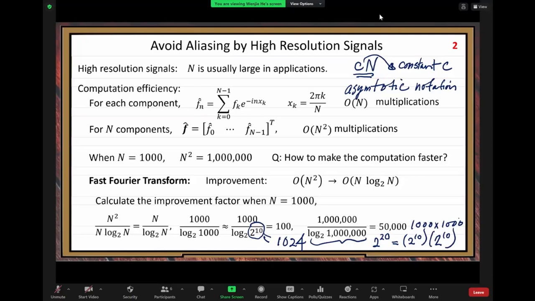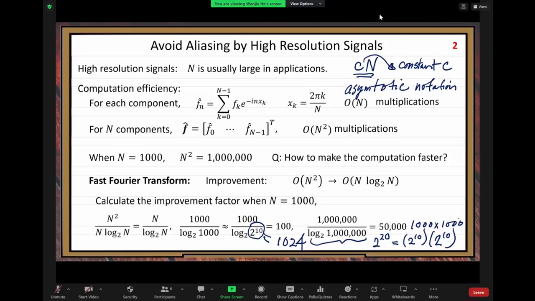Now with log base 2 cancellation, you get 20. 1 million over 20, you get 50,000. Now the ratio becomes 50,000. If the sampling rate is 1 million, a huge sampling rate, then your improvement is this big: 50,000 to 1 ratio.